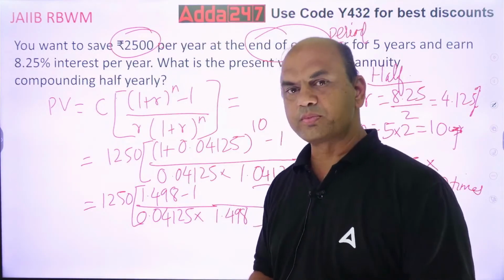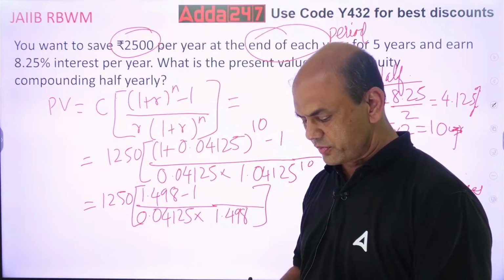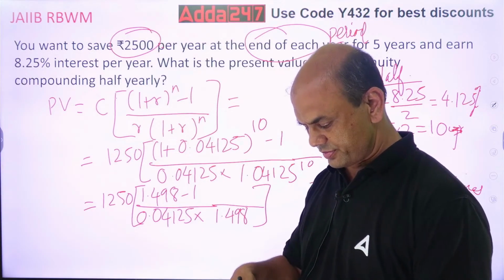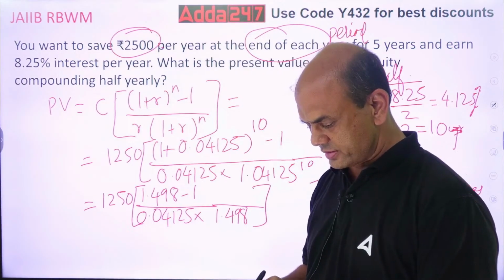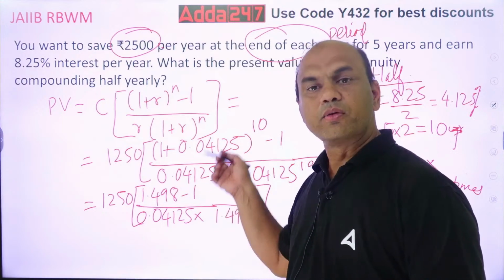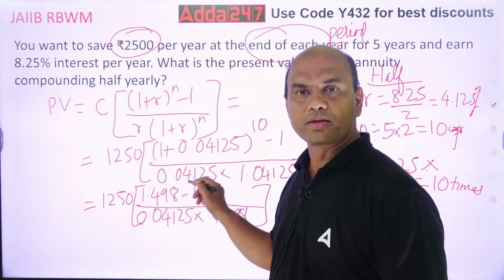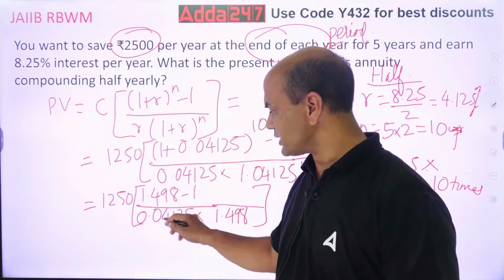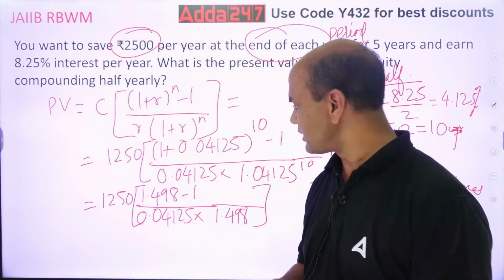So 1.498 minus 1. So 0.498, this one divided by, pay attention, this part 0.498 divided by, do this, divided by, what is it?